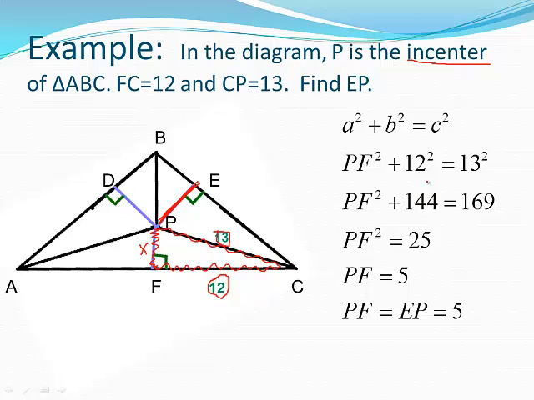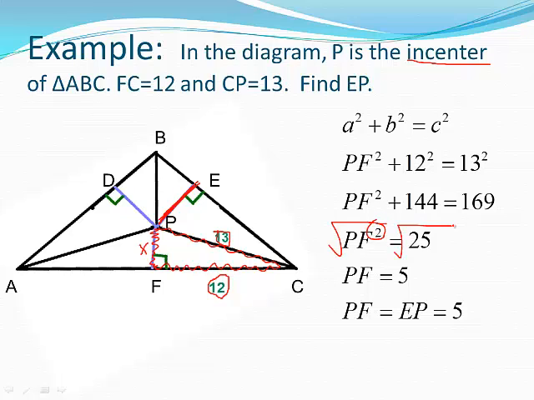So when I do that, PF's length we don't know. We call it x. We can call it PF. We know the length of FC is 12. We know the length of CP is 13. So we apply the squared, subtract, and then to get rid of the squared, in the lower part here, we have to take the square root.